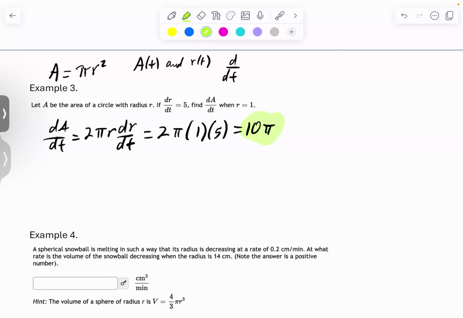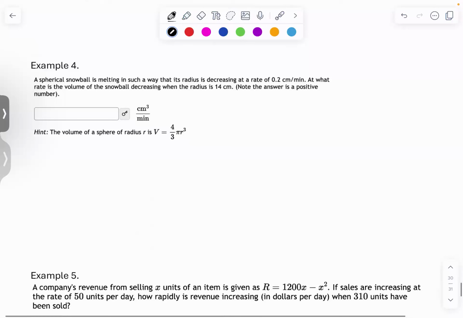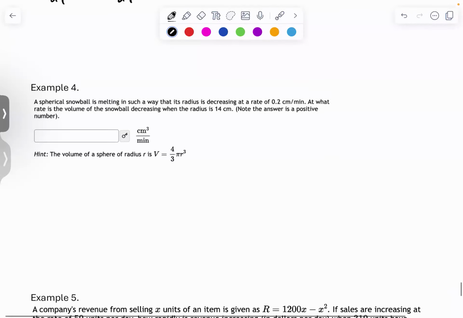All right. And our last example for chapter 2. I'm sorry, we have 2 more examples. One of them is a spherical snowball melting in such a way, by the way, the volume of the sphere is 4/3 pi r cubed.